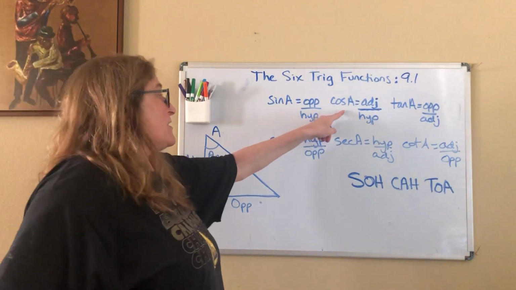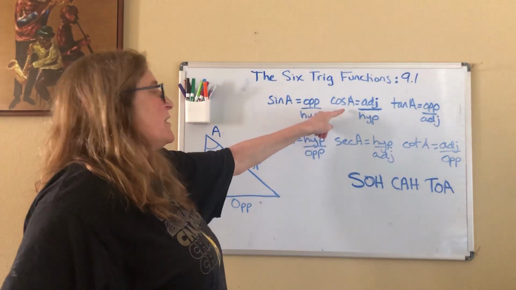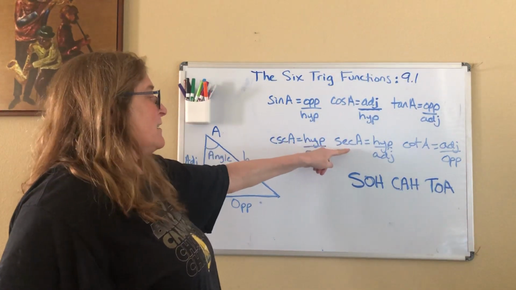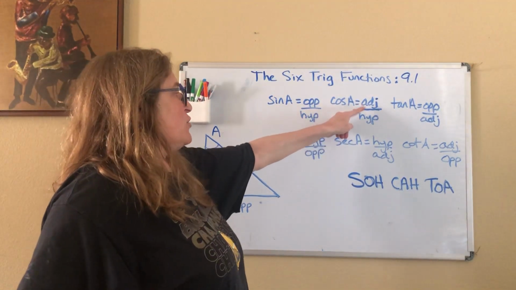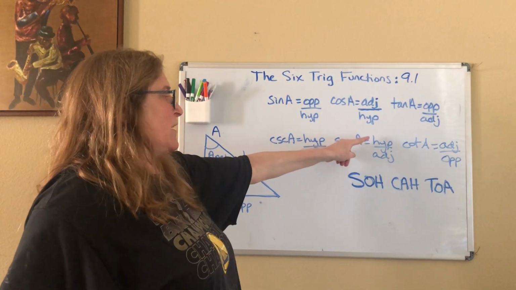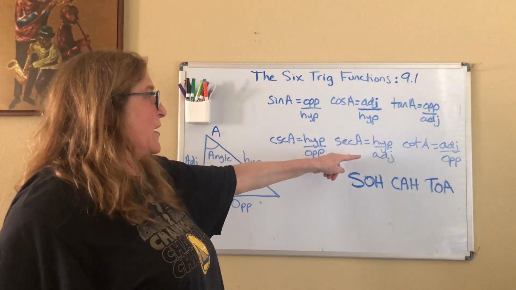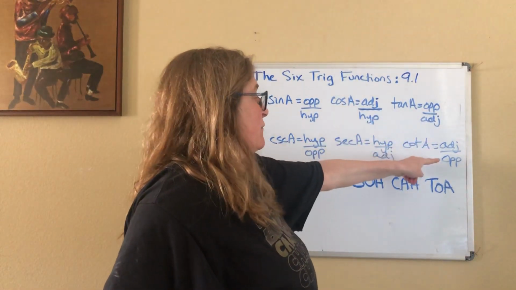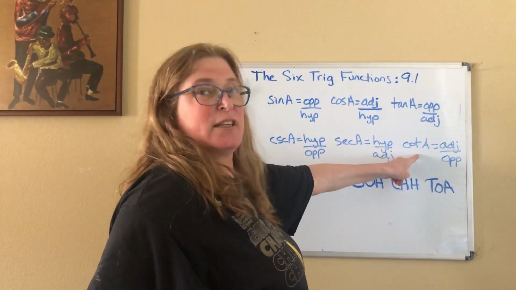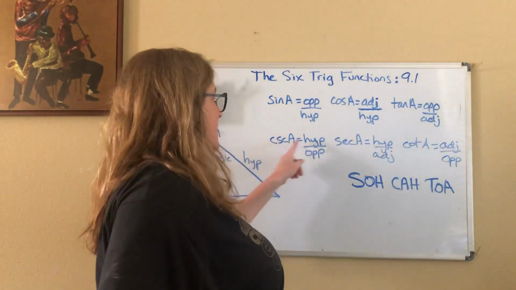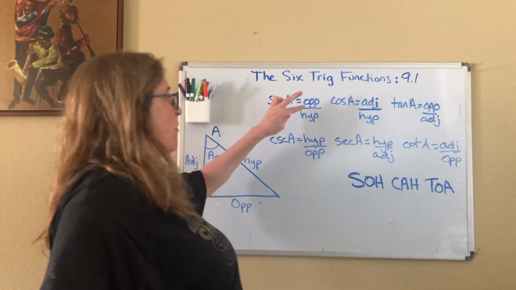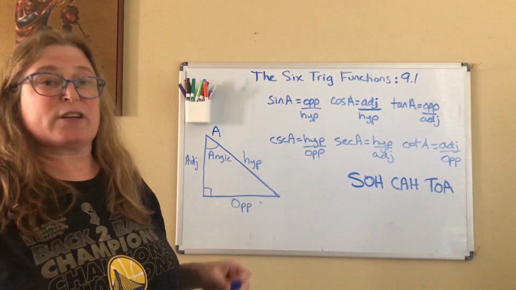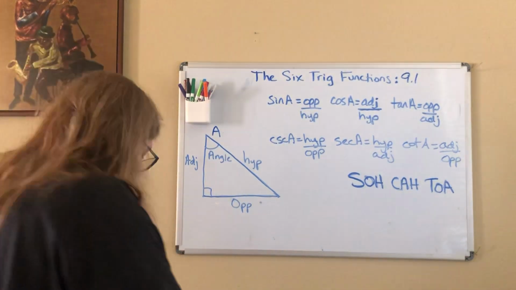Now if I flip cosine over, I get secant. So if cosine's adjacent over hypotenuse, if I flip it over, I get hypotenuse over adjacent. If I flip tangent over and make it adjacent over opposite, I get the cotangent. So even though this seems like a lot of info, all it is is just flipping the original trig functions.